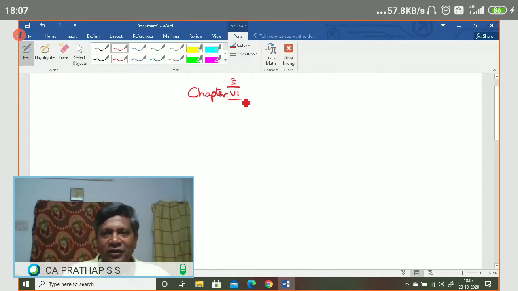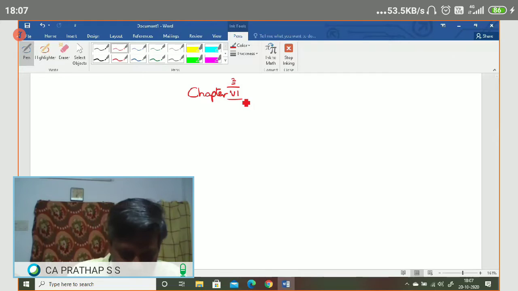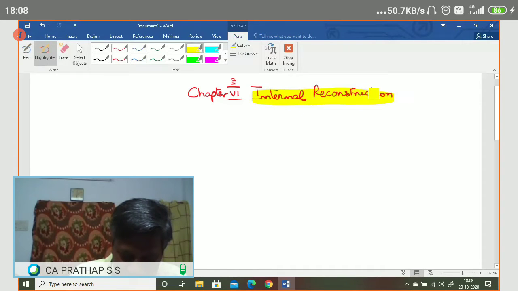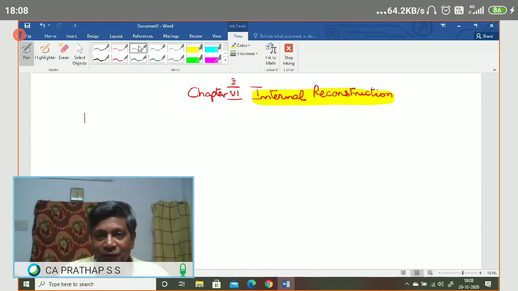Okay, it's closely related to amalgamation, so it is called internal reconstruction. It's very closely allied to amalgamation. In amalgamation, two companies are involved, and our company has to either merge or be absorbed with another company.